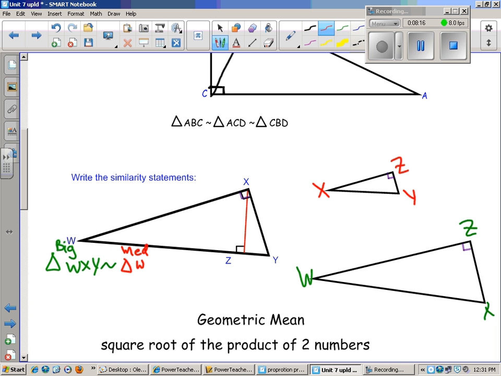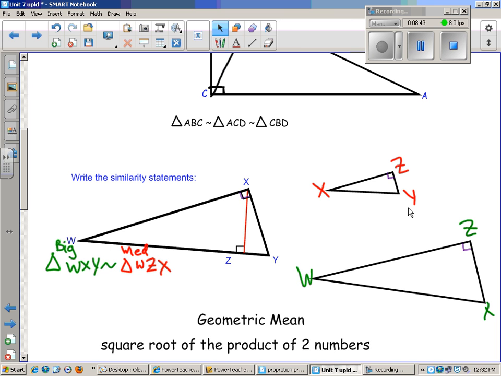Because it's the right angle of the big triangle, and it's the right angle of the medium one. And then what goes with Y? We went from W down the long leg and then up the short leg, so X. Does everybody see that? Because we had lots of different answers, so are we okay?